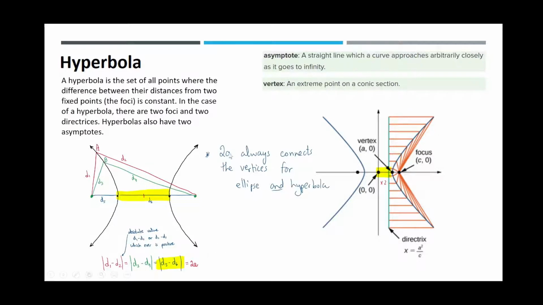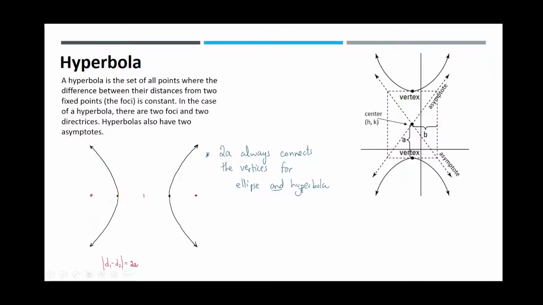As mentioned before, ellipses and hyperbolas have things in common. So I'd like you to remember that the size 2A will always be connecting the vertices, both on ellipses and hyperbolas. Hyperbolas can be oriented horizontally with the vertices in a horizontal line, or vertically with vertices in a vertical line. Regardless, the 2A is always going to be connecting the vertices.